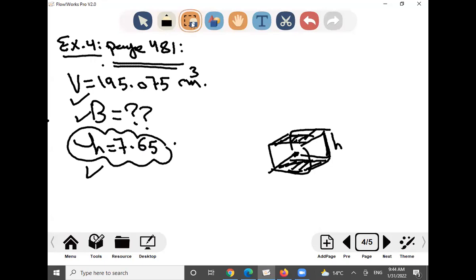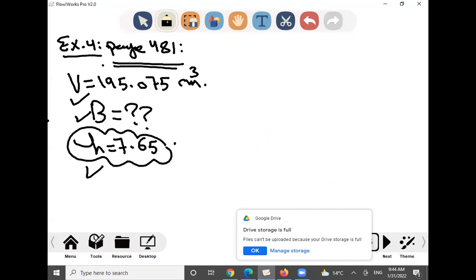Is it a prism or a pyramid? What we are doing here, it's a prism. So we'll follow the formula of the prism without 1 over 3, right? So here V equals BH. Why didn't I put 1 over 3? It is not a pyramid, it's a prism. Now apply the formula.